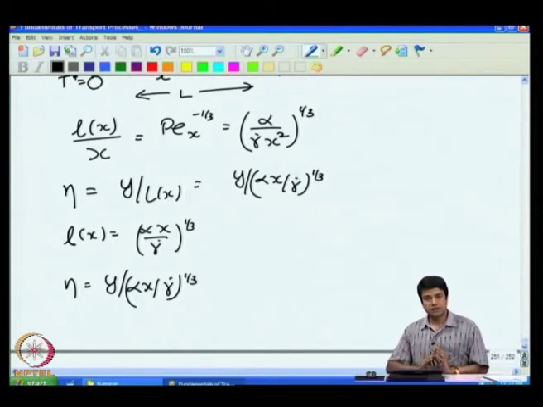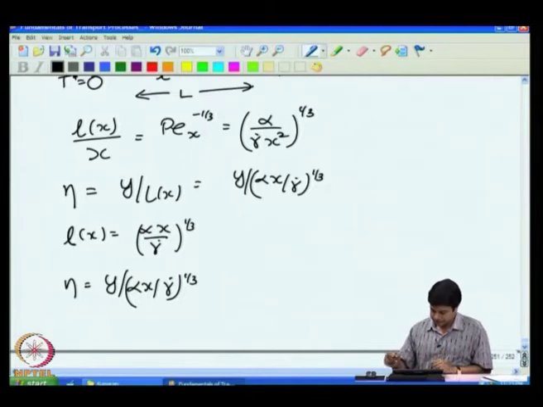This is the similarity variable which will reduce the problem from 2 dimensions to 1 dimension. If you recall the impulsively started plate, there we had obtained a similarity solution based upon dimensional analysis, the fact that there is no length scale or time scale in the problem, therefore, I can get only one similarity variable. Here we are doing this based upon physical insight.